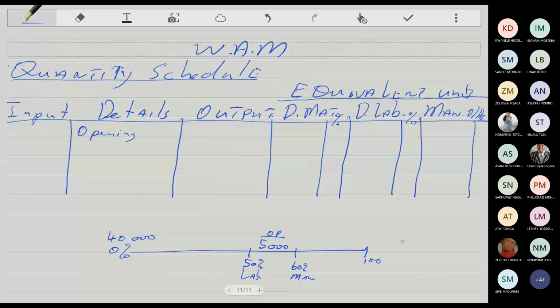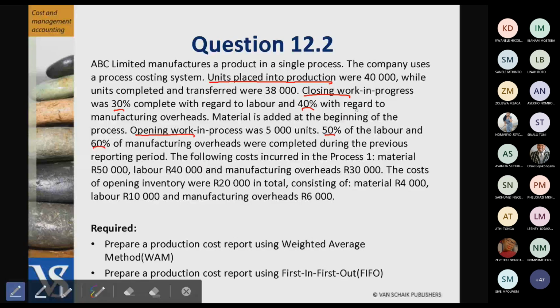Then you look again at your closing. Closing work in process was 30% complete with regards to labor and 40% with regards to manufacturing overheads. Now, can you see they've tried to be smart for you, and they didn't give you how many units you have in closing, but they just gave you the percentages.